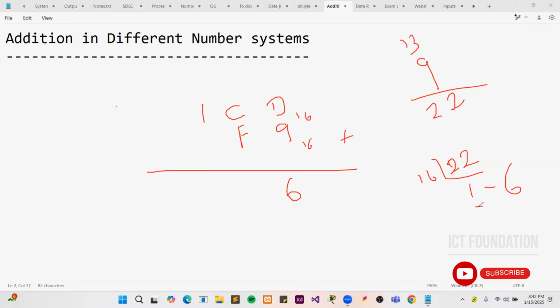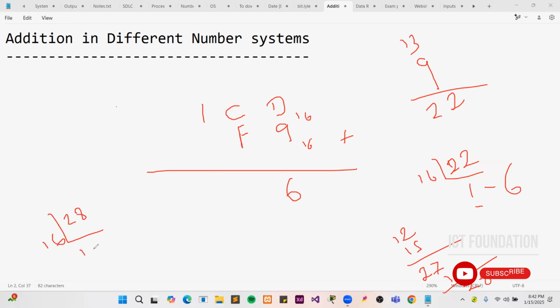Then the 1 is the carry, right? We have to mention it also. Then C means 12, F means 15, so the answer will be 27, with the carry, 28. But 28 we can't write directly here. So 28 will be divided by 16.